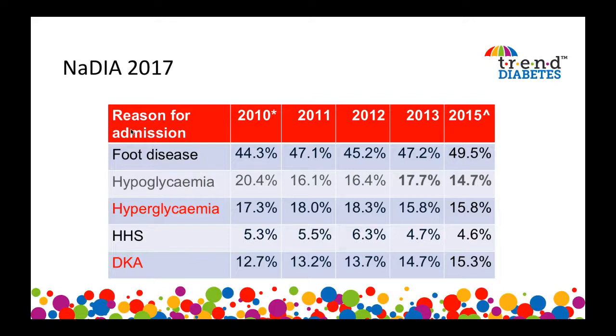Hypoglycemia is written in red, and I'm always really interested as to how people are admitted purely for hypoglycemia if they haven't got hyperosmolar hyperglycemic state and they're not in DKA. And there are our diabetic ketoacidosis figures, and they're not good, are they? We've actually had increases year on year in people presenting with diabetic ketoacidosis.